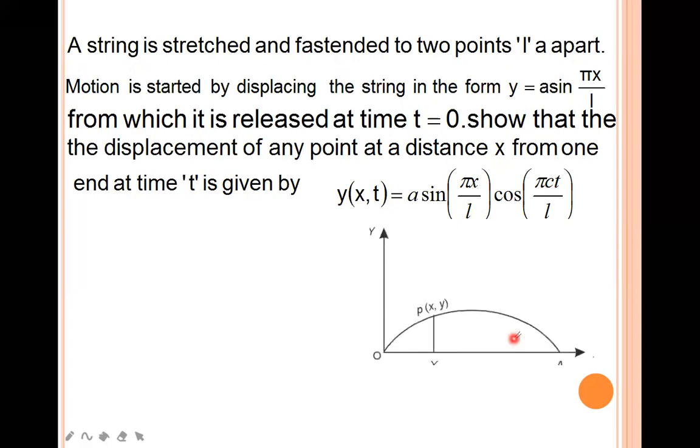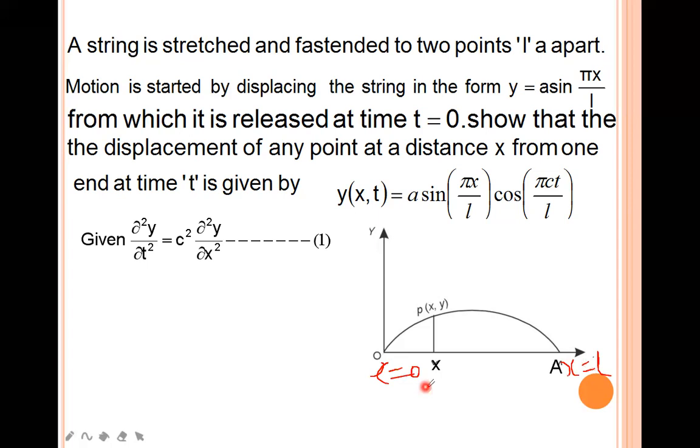So this is the general equation of the wave, at x equal to 0 and this is x equal to L. At both end points the displacement y is 0.